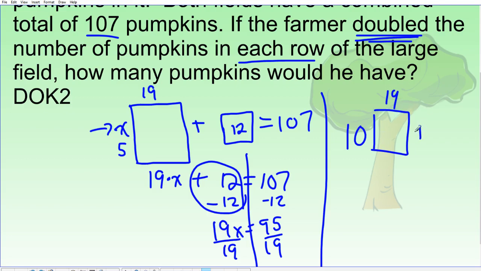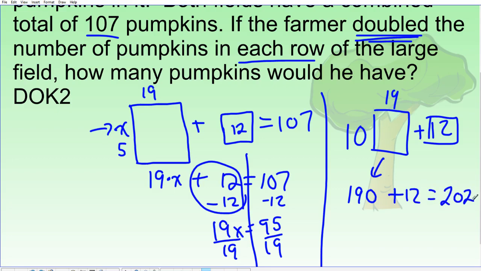Still has 19 rows, still has these other 12 pumpkins. How many total pumpkins would he have? Well, the large field would have a total of 190 pumpkins now. Length times width. Plus the small side field of 12 pumpkins gives you a total of 202 pumpkins.